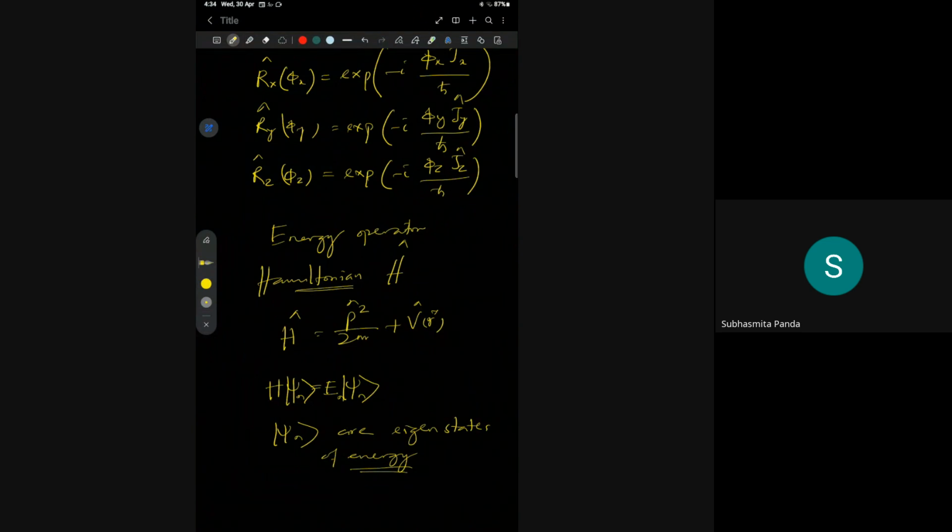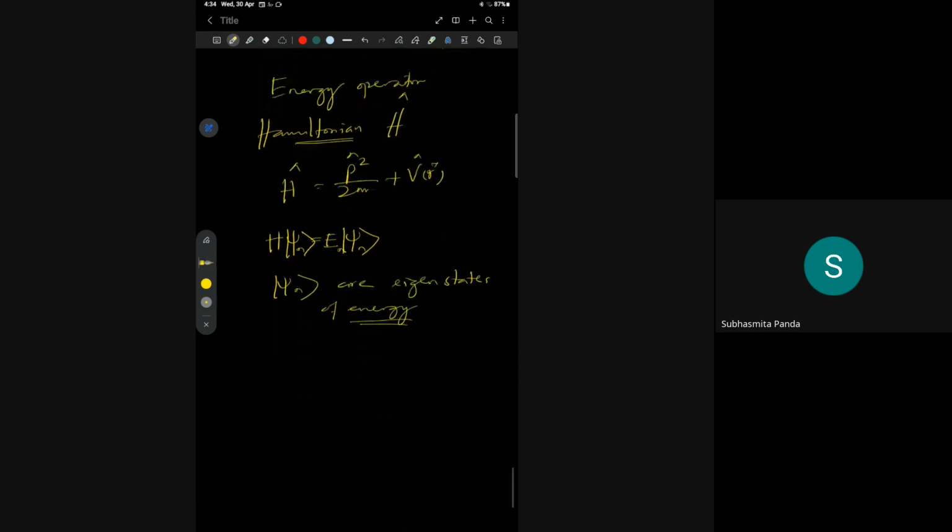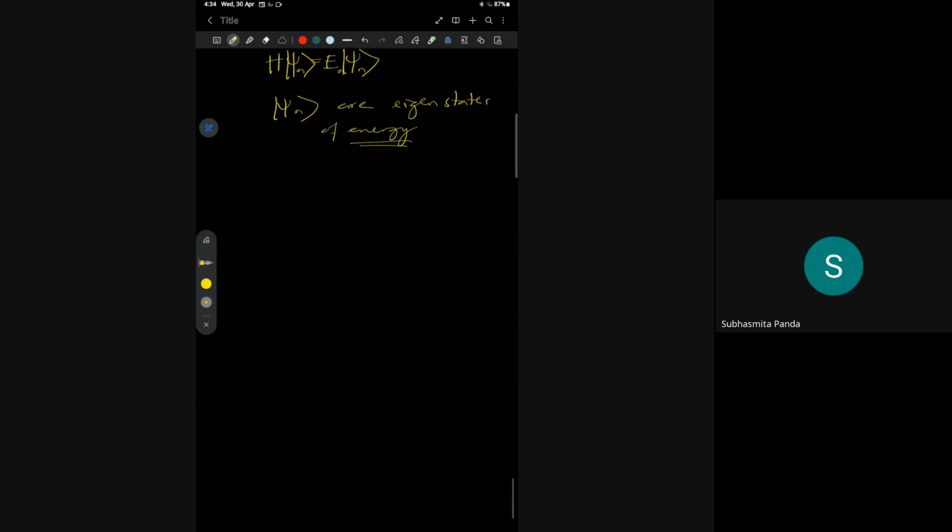So phi I R, representing after rotation, is equal to R operator operating on state phi I.